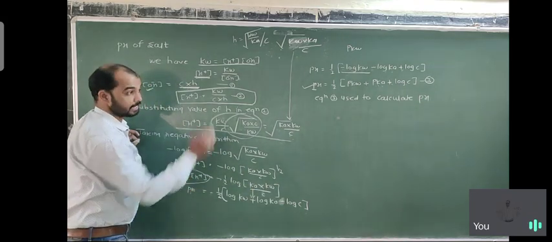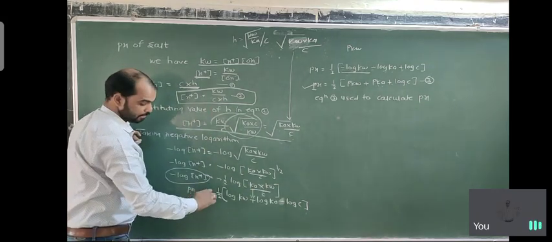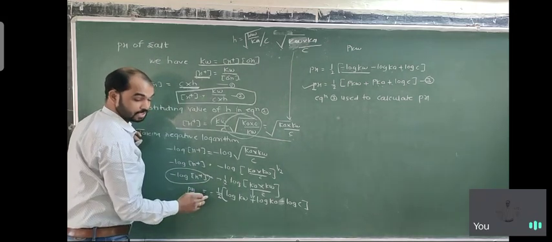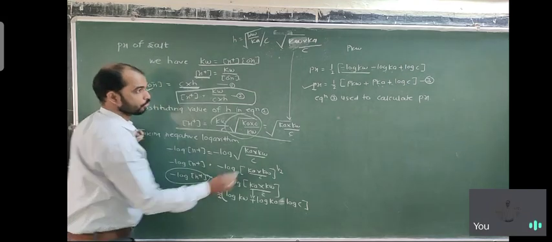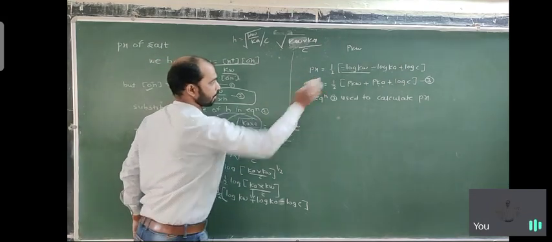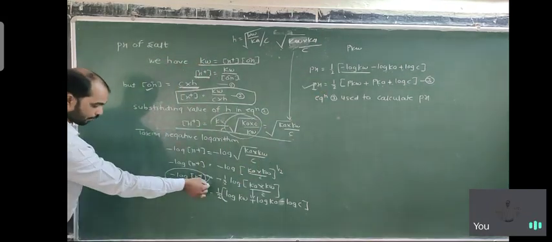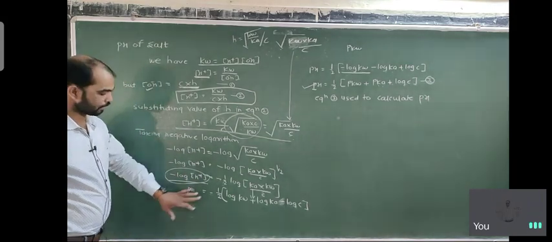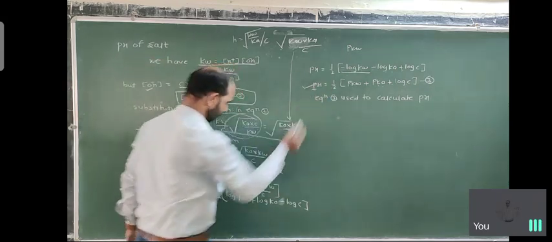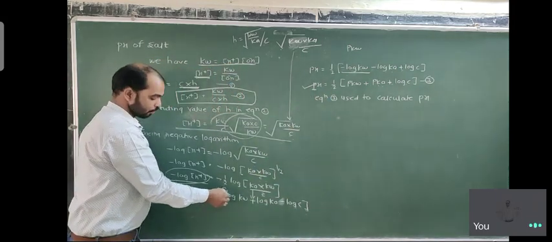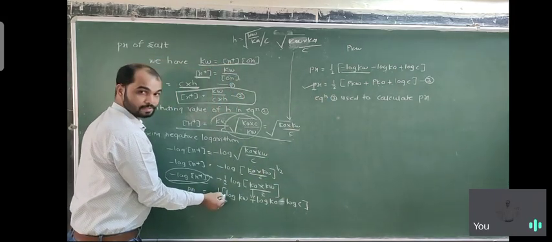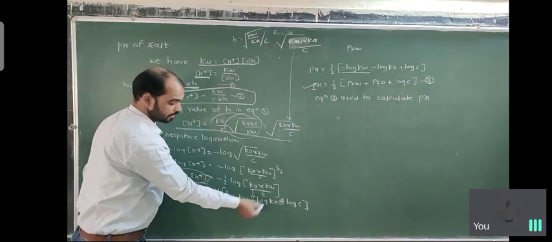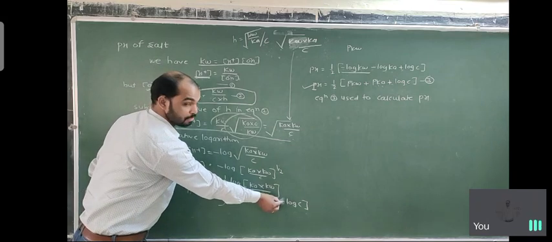In the next step we shift the negative sign into the square bracket. So what happened here? pH is equal to 1/2. pH means minus log of the H plus ion concentration. Here the sign inside becomes reversed: the positive sign becomes negative and the negative sign becomes positive.